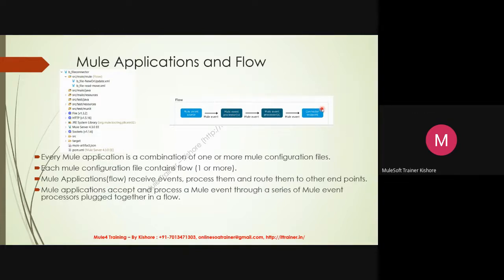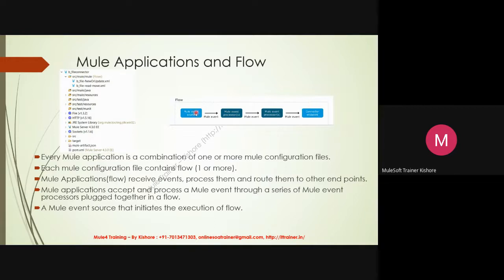Mule applications accept and process a Mule event through a series of Mule event processors plugged together inside a flow. What does it mean? You have a flow, and inside the flow you will have event processors connected to each other. Your event source will receive the Mule event, and then the event is processed one after the other. A Mule event source is the one that initiates the execution of the flow.